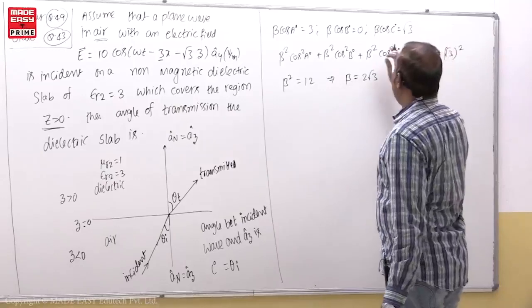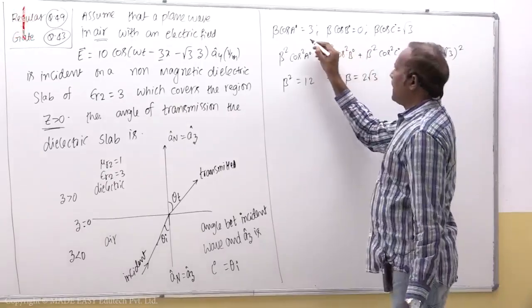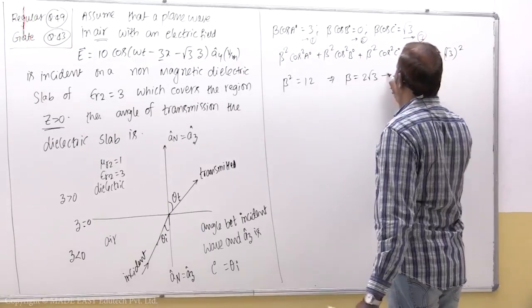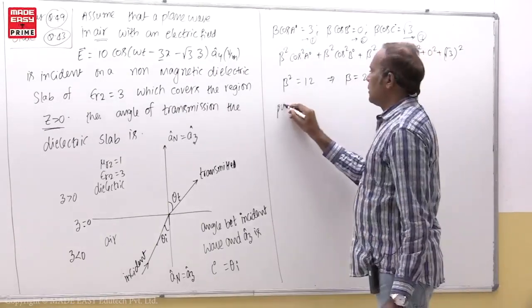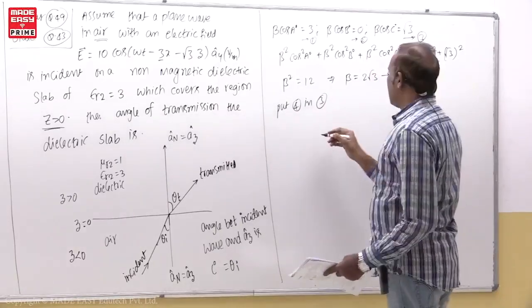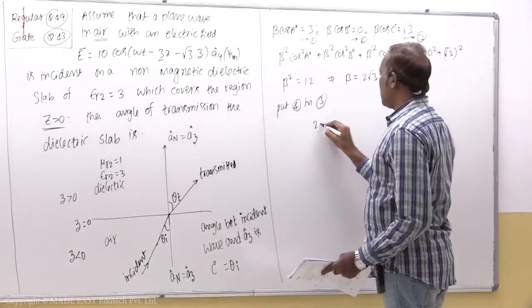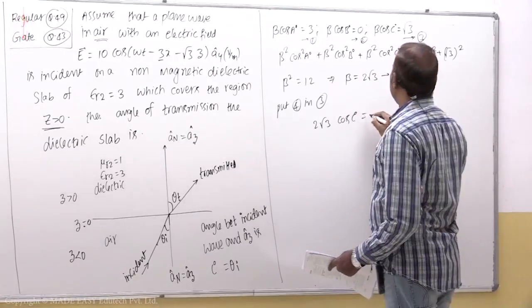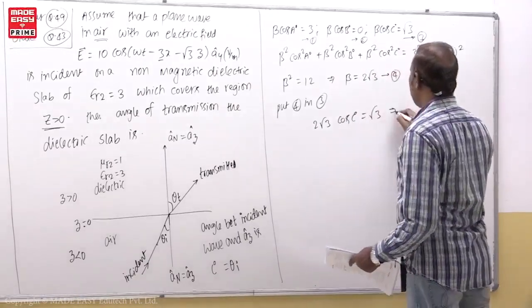Now substitute this one here. Let us say this is 1, this is 2, this is 3, this is 4. So put equation 4 in 3, then beta value is 2 root 3 here. Then cos c degrees is equal to root 3, root 3 gone.